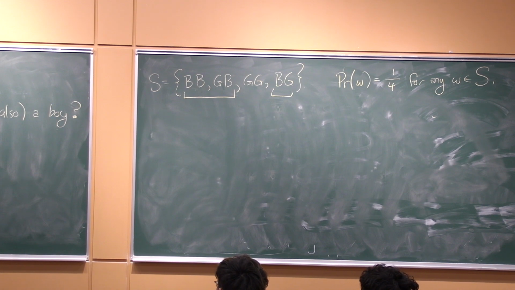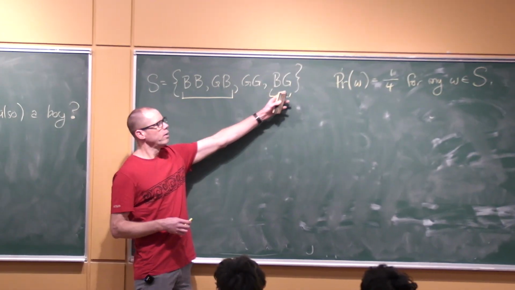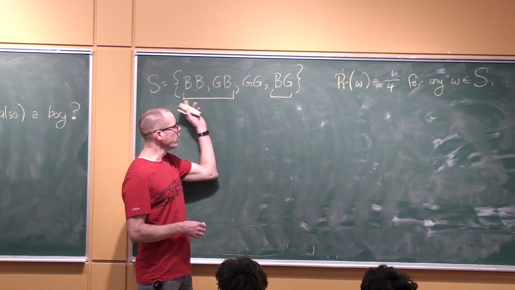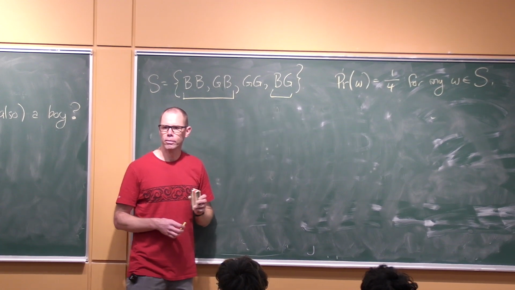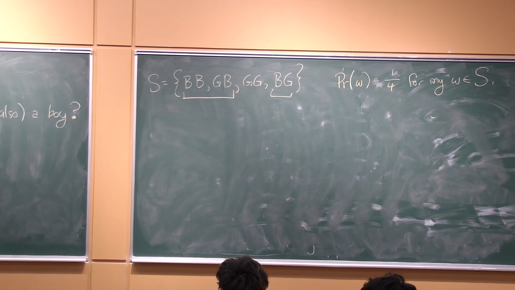No, it didn't specify. It just said that at least one of them is a boy. So of the 4 possible sexes of those 2 children, there's 3 of those where at least one is a boy. That's all the second condition says. Okay.